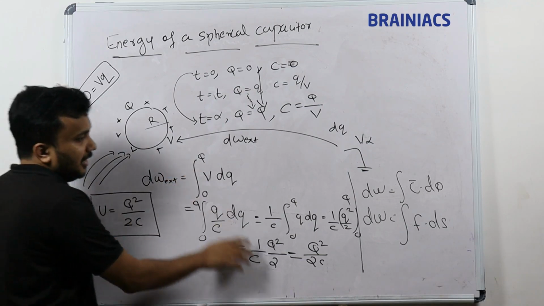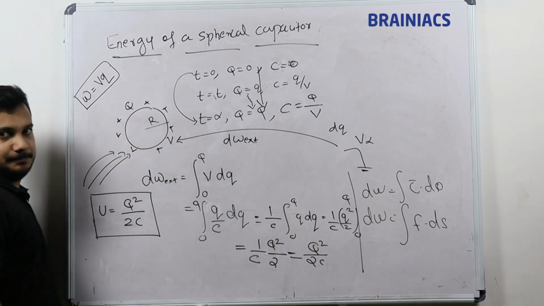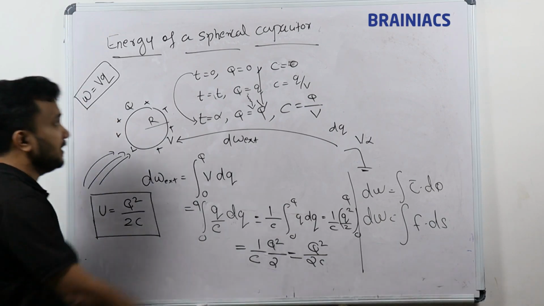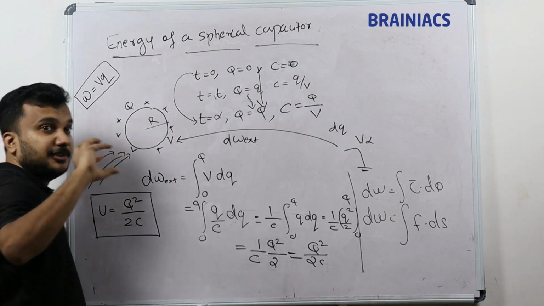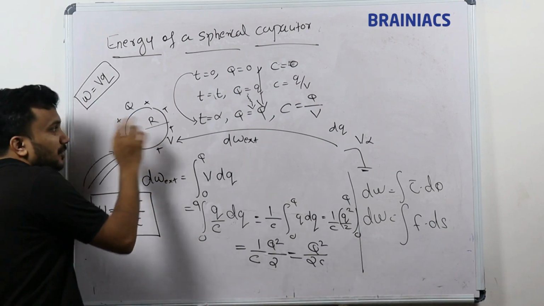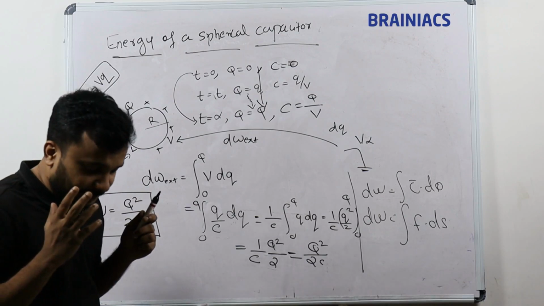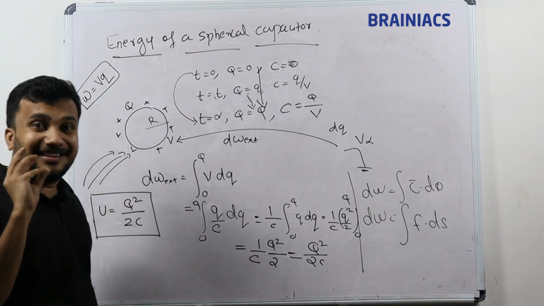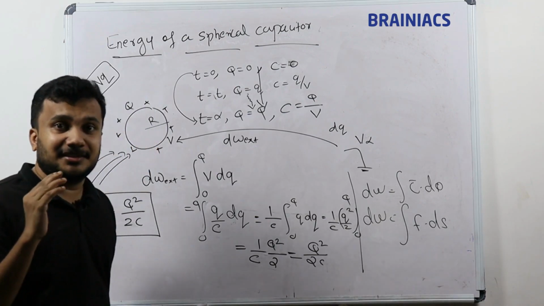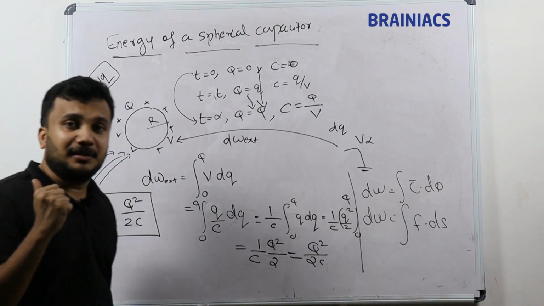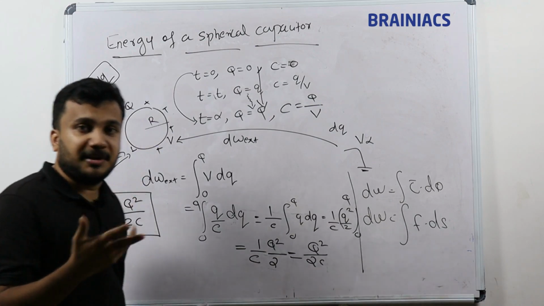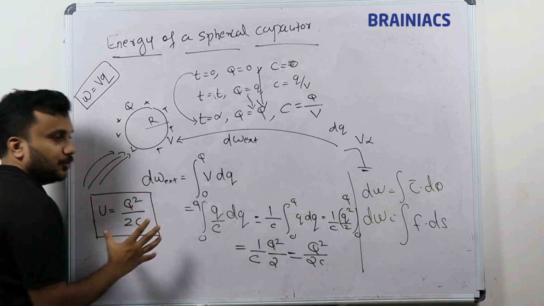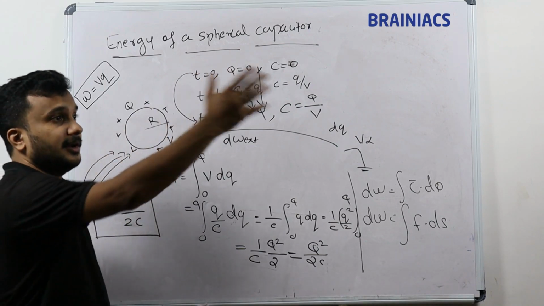Because we have not used any specific parameters, such as the radius or any spherical-related parameters like area and perimeter, like 4 pi r square. No such things are involved in the equation. So this is a generic equation.